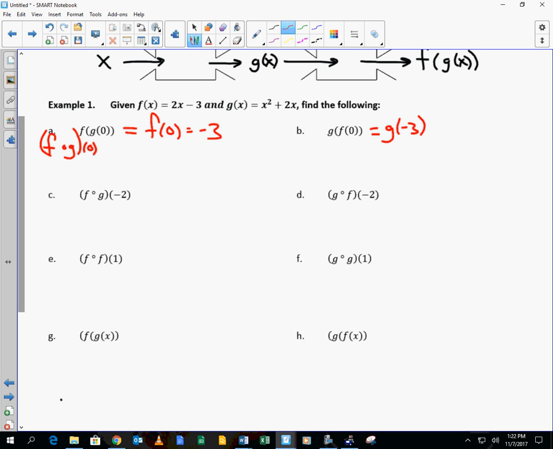Then we plug in -3, and we get -3 squared is 9, minus 6 is 3. So, did we come up with the same result? No. They're opposite. They're not always opposite. Composition of functions is not commutative. It is not. So order does matter.